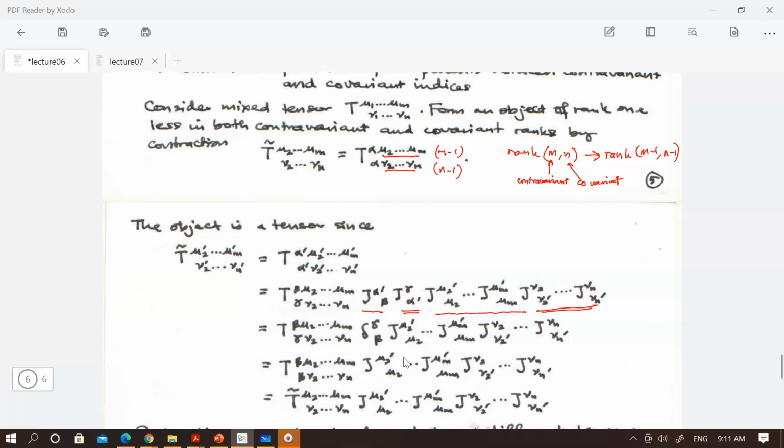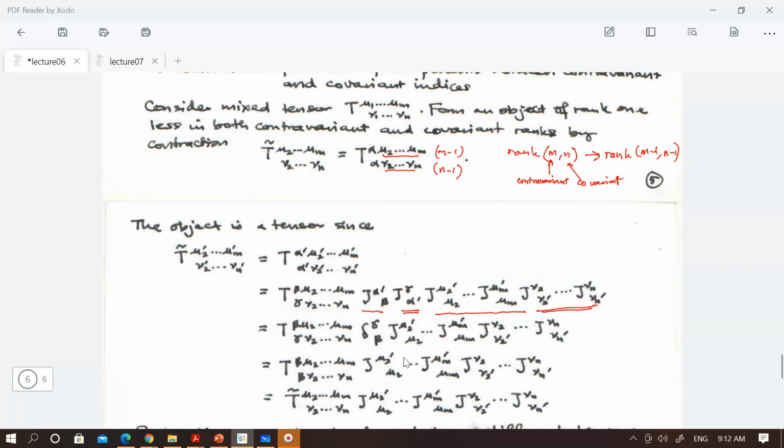For example, here alpha dash beta, and for your alpha dash at the bottom, I will introduce another index gamma, so that it contracts with this gamma. And then you have your alpha dash over here, and then your beta and gamma at the moment is contracted over here.